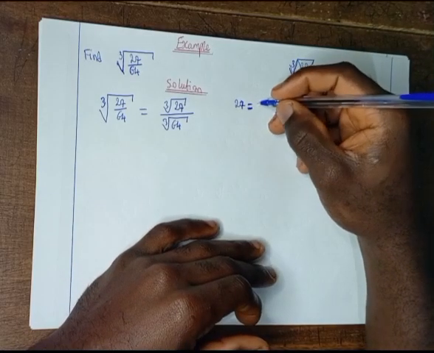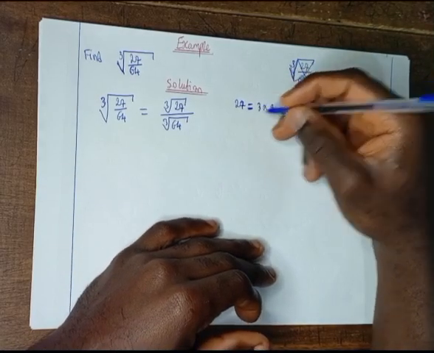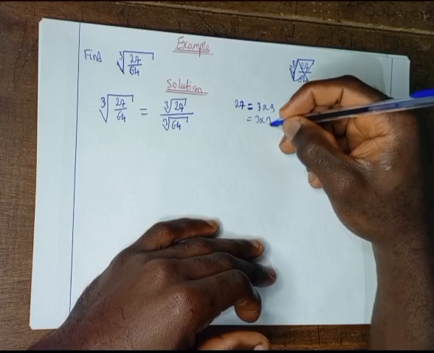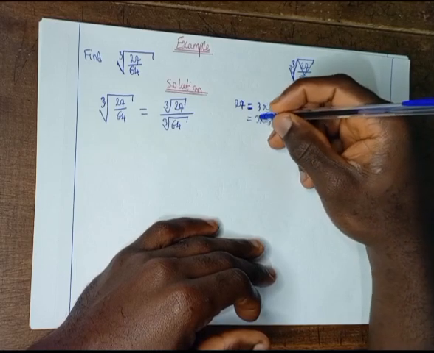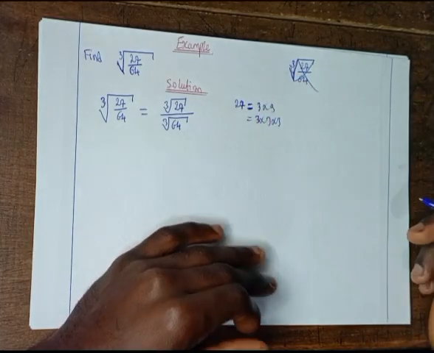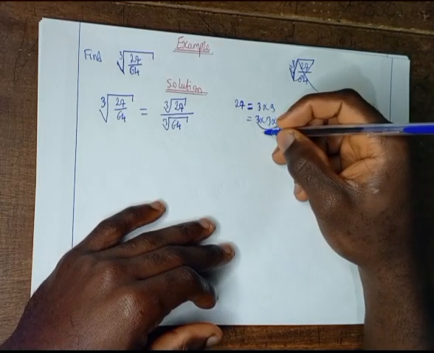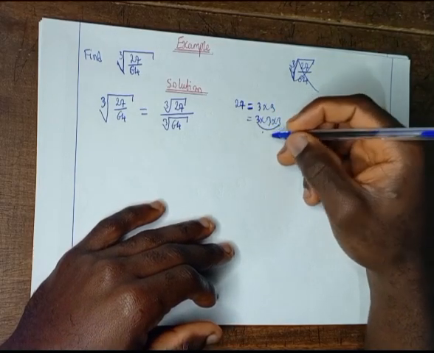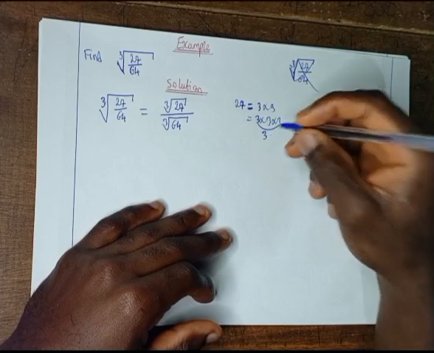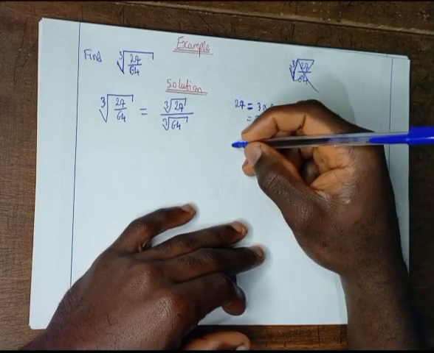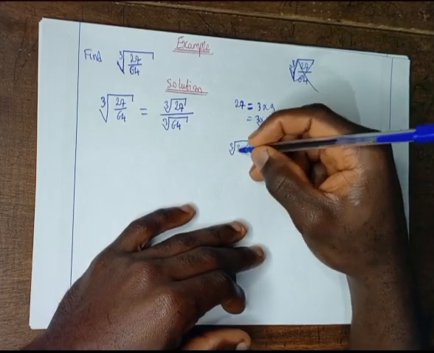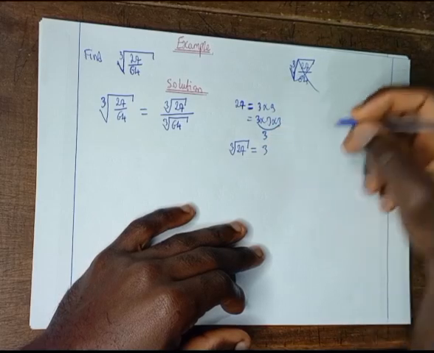You know 27 here, we can write it as 3 times 9, which is the same as 3 times 3 times 3. So we group the product of the prime factors in groups of 3. So you're just going to have one group, which is 3 times 3 times 3. From this group we are going to extract 3. That means the cube root of 27 will simply be equal to 3.